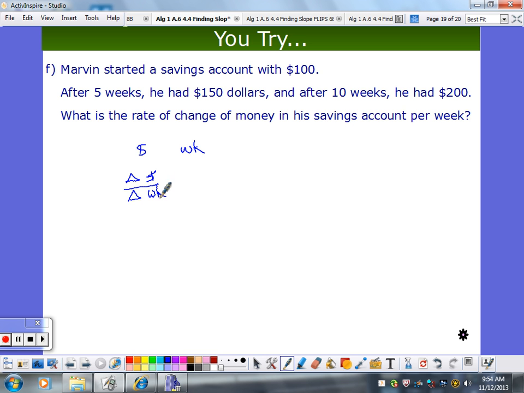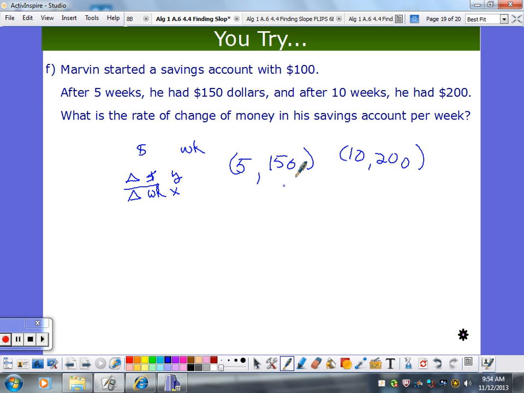So when I try and build my XY pairs, I have 5 weeks and $150 go together. So what's the pair? Is it 5, 150 or 150, 5? Which is it? Now remember, here's like your Y, and this is your X. So the weeks are the X. 5 weeks by $150. What about the 10 weeks? Well, the 10 comes first. 200.